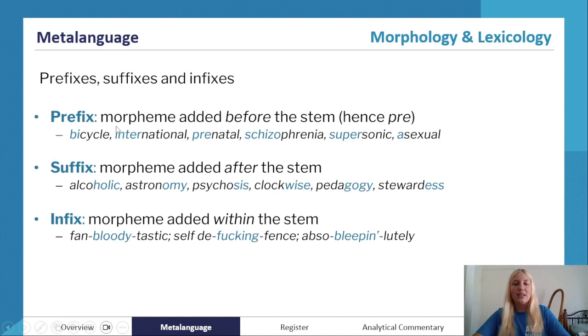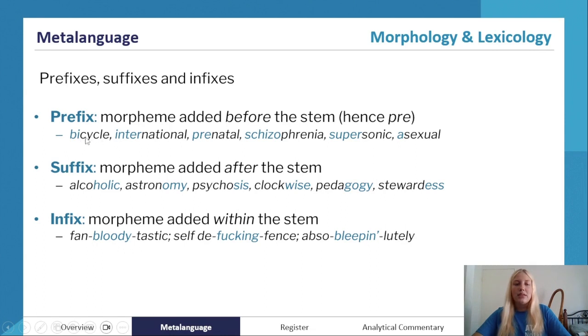So a prefix is when you add a morpheme before the stem. That's why it's called pre. Okay? So bicycle, international, prenatal, schizophrenia, supersonic. We see all of these in blue are morphemes that have been added before the stem. So what's the stem? Of course, it's this part.